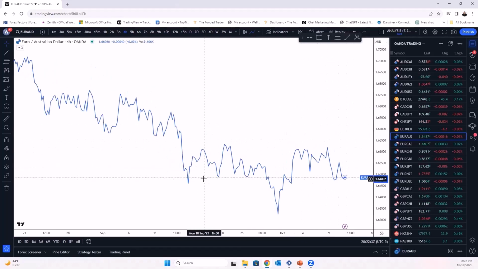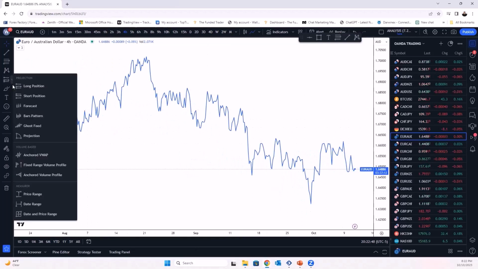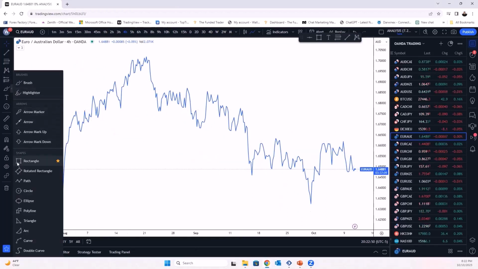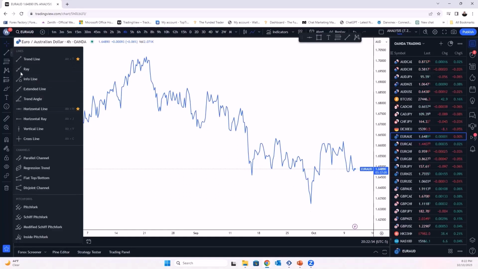You can do this where you find old resistance and support. So you can do that here, but just go through the chart and take your time, grab the rectangle, or you can grab the horizontal line tool.